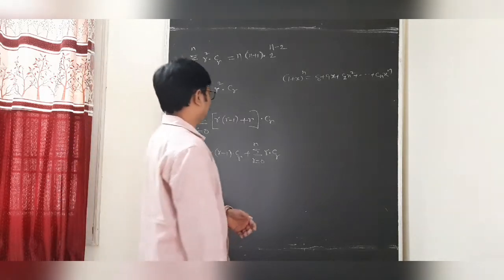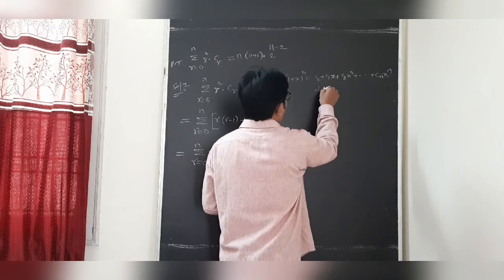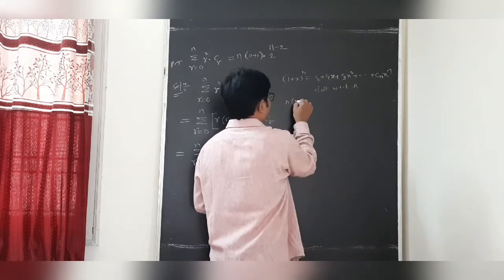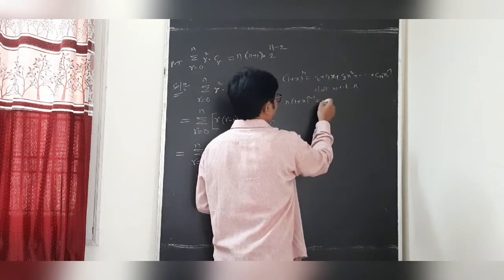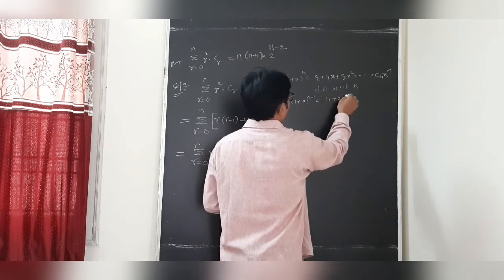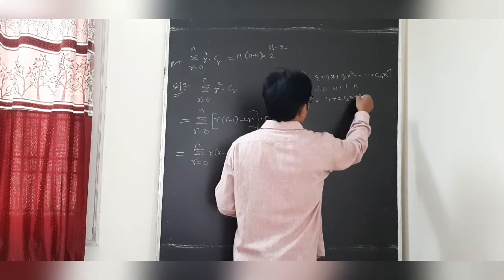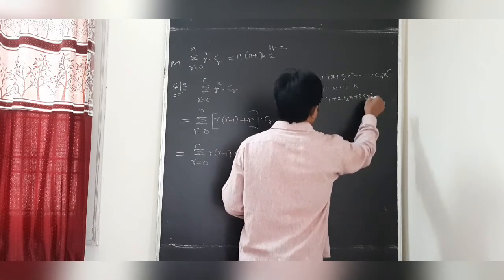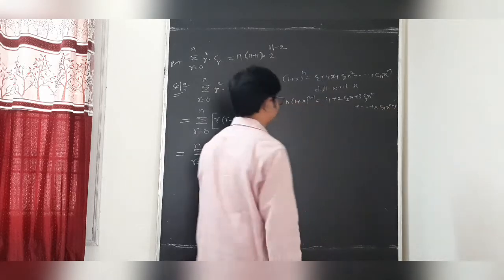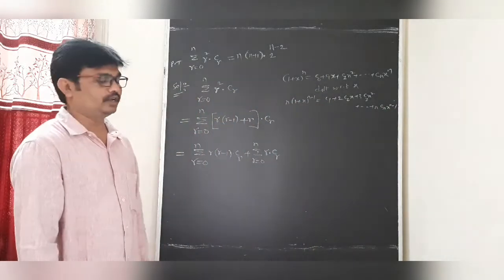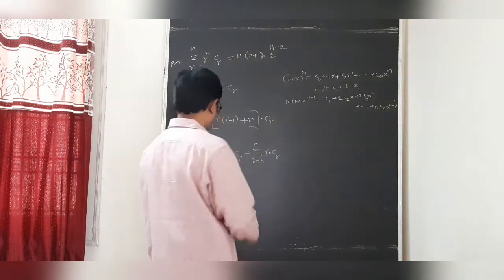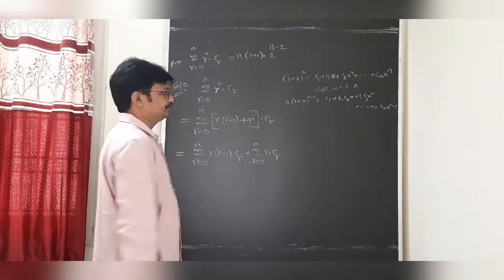First of all, we differentiate with respect to x: n into 1 plus x whole power n minus 1. The derivative of C0, a constant, is 0, then C1, 2 into C2 x, 3 into C3 x square, and so on, n into Cn x power n minus 1. Dear students, when we take this, again r into r minus 1 is also there.